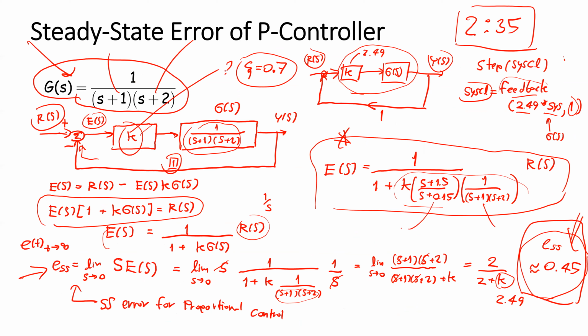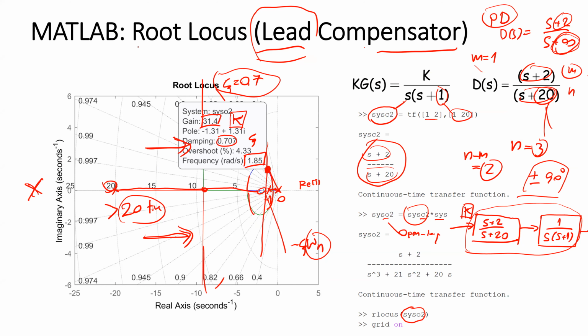At this point, the gain K is about 31 and the damping ratio is 0.7.